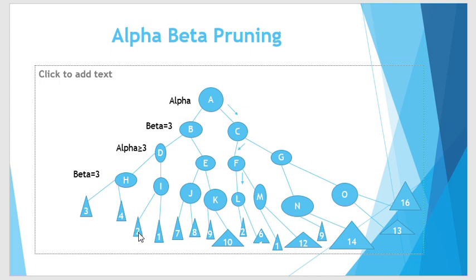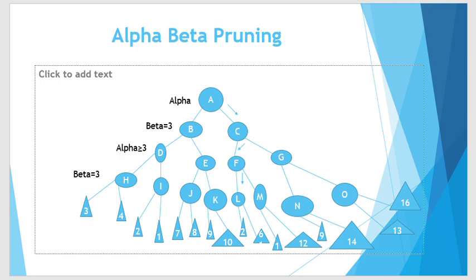So do you think alpha can change its value from 3 to 2? It is not possible because the value is already fixed. If alpha is 3 or greater than 3, the minimum will be 3; it will take a minimum value of 2 if I choose the I path.